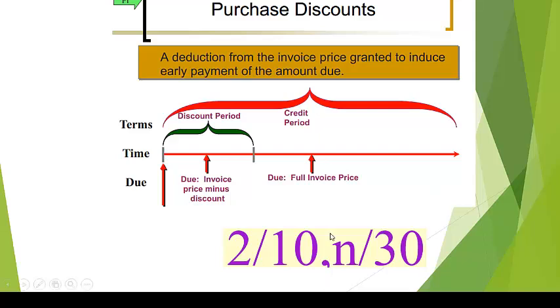So what we see here on the bottom is that we have 2/10, net 30, or N/30. Essentially what this is saying is the purchase discount is given of 2% if paid within 10 days, and then the net of this is due at 30 days. So if you don't take advantage of the discount, you've got to pay your bills within 30 days.